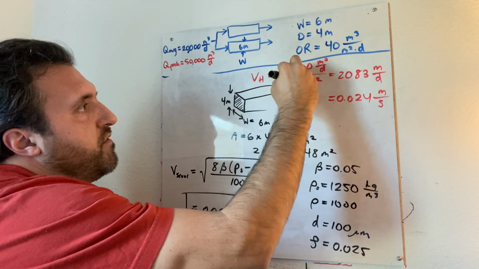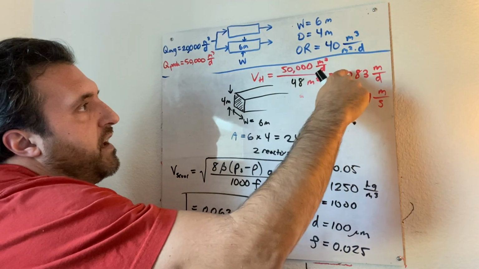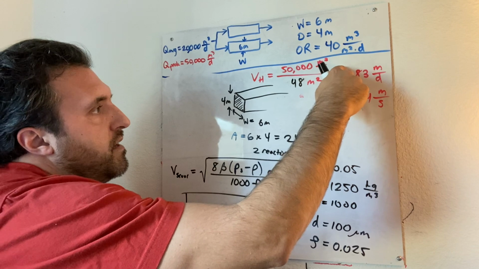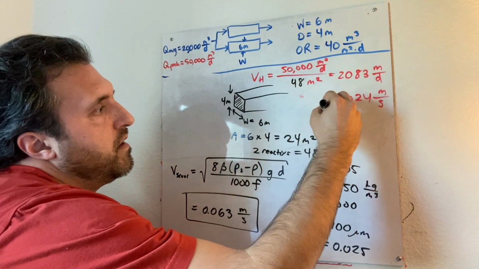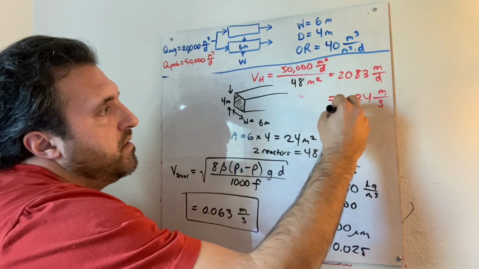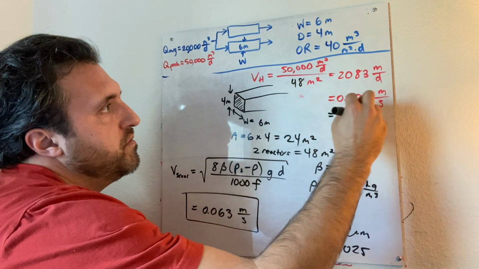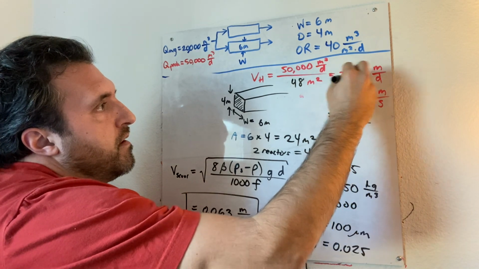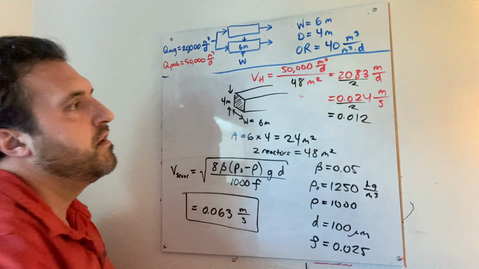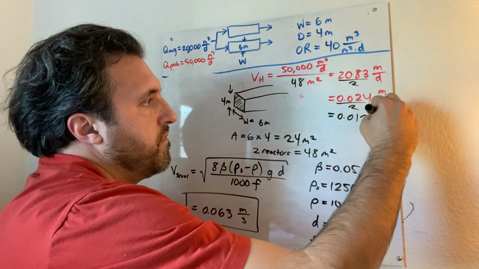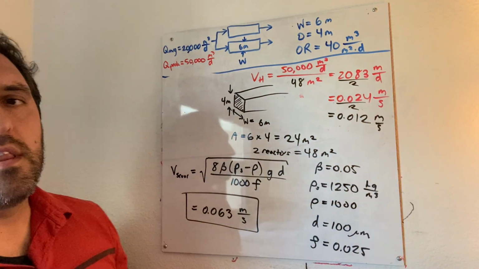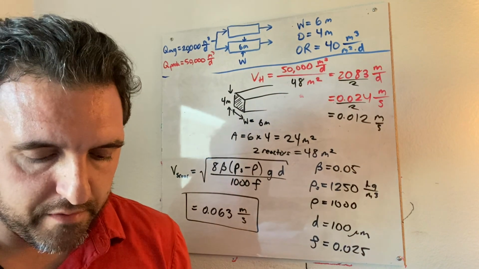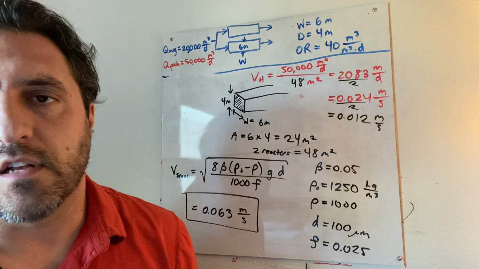So therefore, this value is going to be 0.012 meters per second. So still well below the scouring velocity for a 100 micron sludge particle.